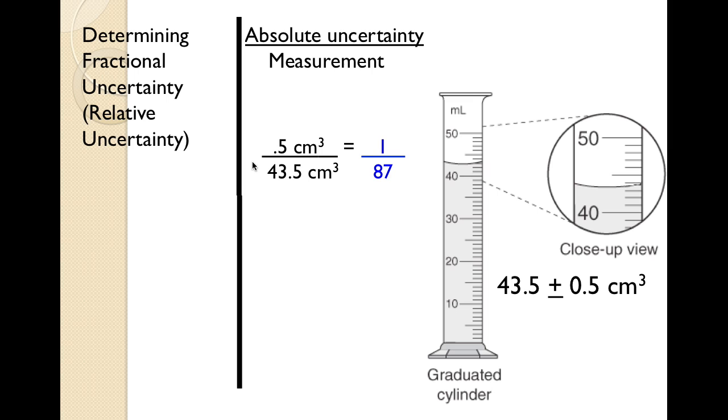If you divide 0.5 into 43.5, 0.5 goes into 0.5 once, and 43.5 divided by 0.5 would give us 87. This is a fraction, just a representation of the absolute uncertainty in fraction form, and we call that fractional uncertainty or relative uncertainty.